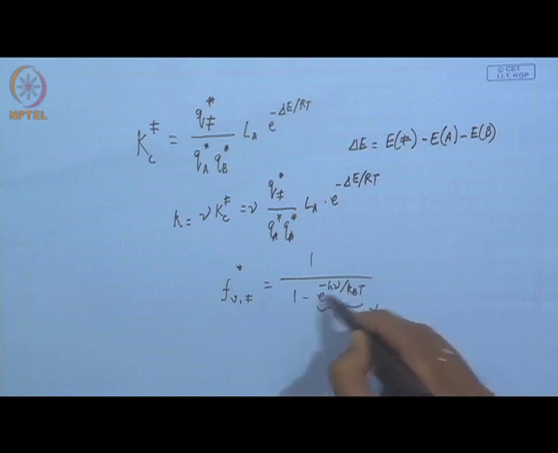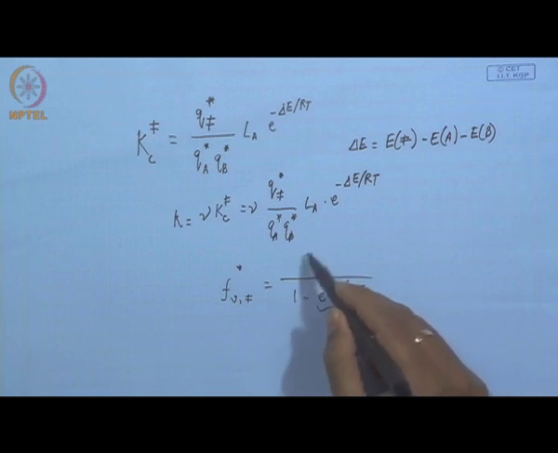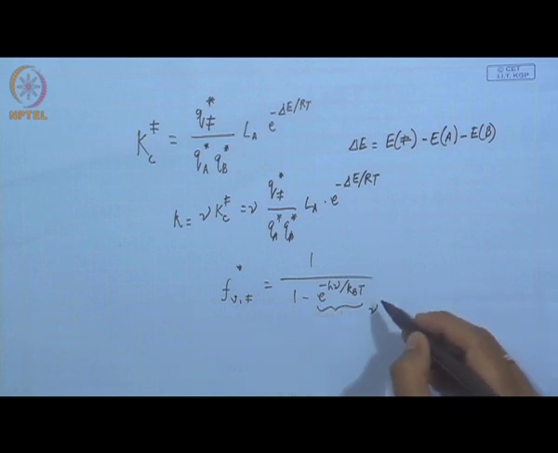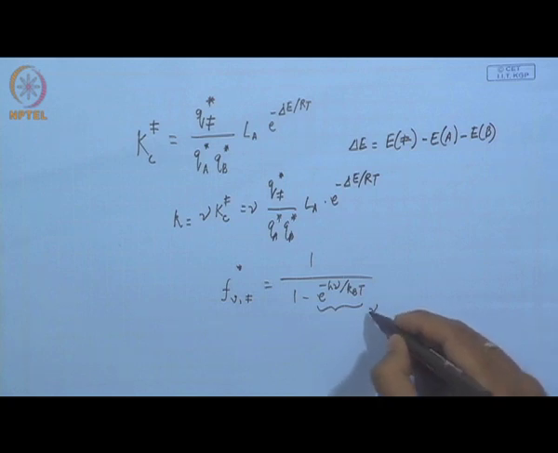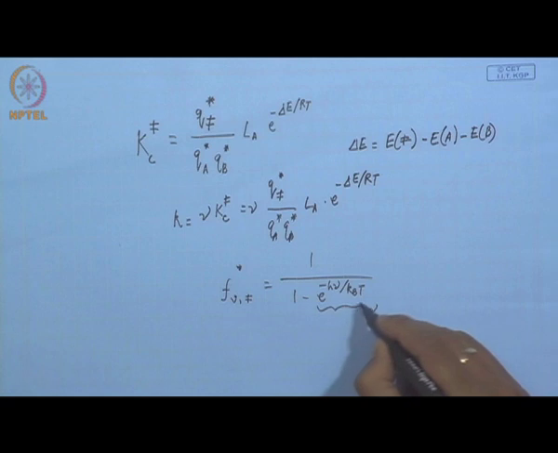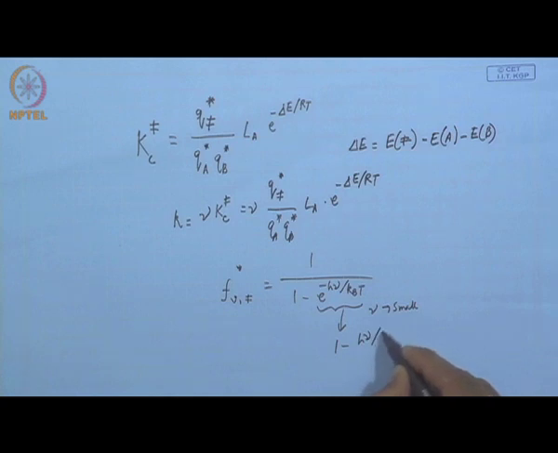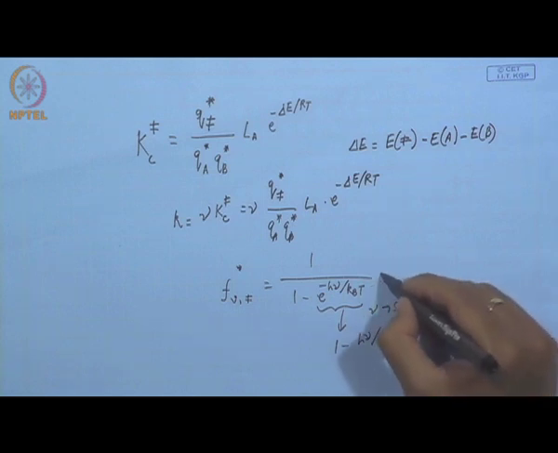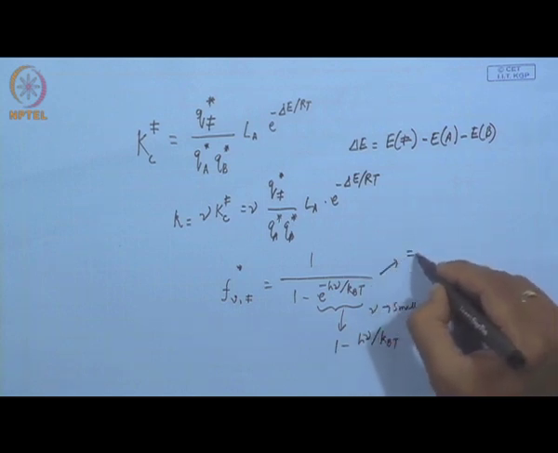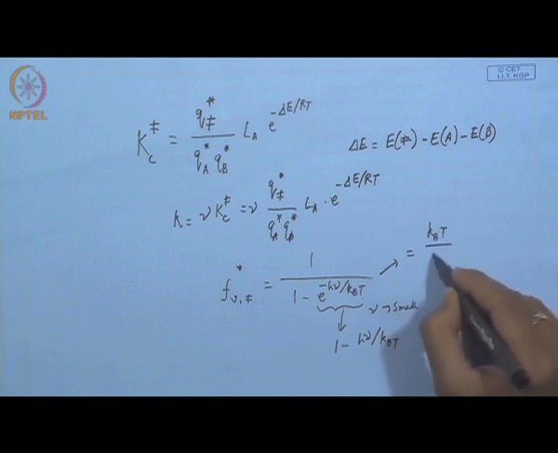Therefore, the denominator will be between 0 and 1, and the overall f nu double dagger star will be a little more than 1. So, when nu is small, you can write this as 1 minus h nu divided by kb T, which comes out to be basically kb T by h nu.